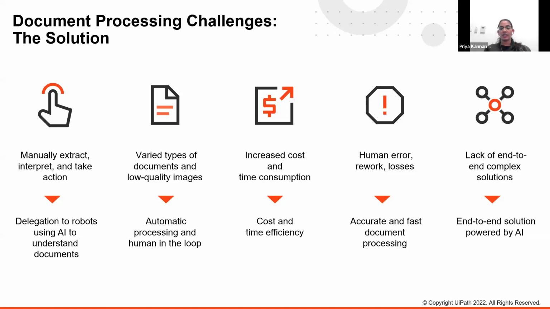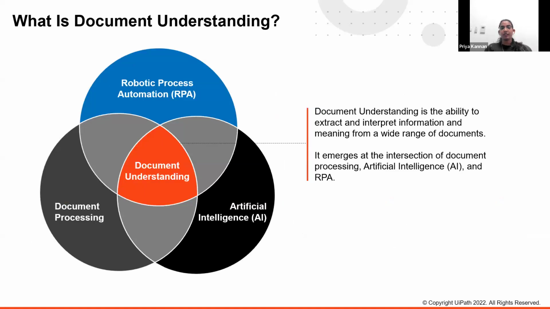That way we can be cost efficient and time efficient, and it will be fast as well. The big, complex process can be reduced into smaller processes. It is very helpful for the persons doing the job manually, and also for the people or departments that are dependent on this action.